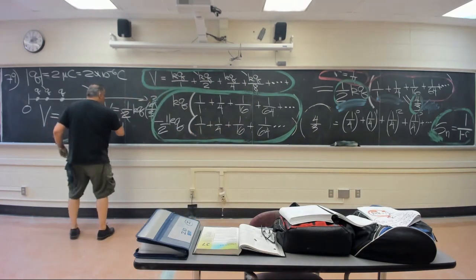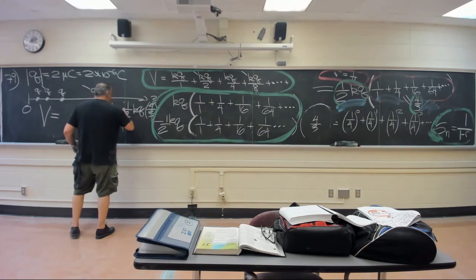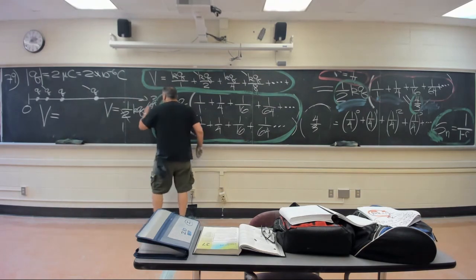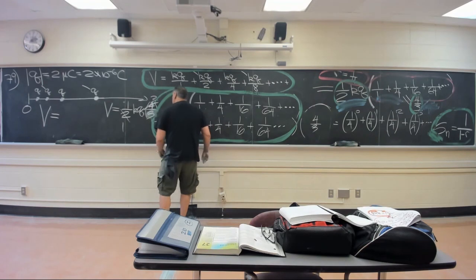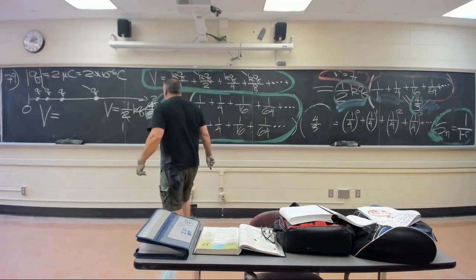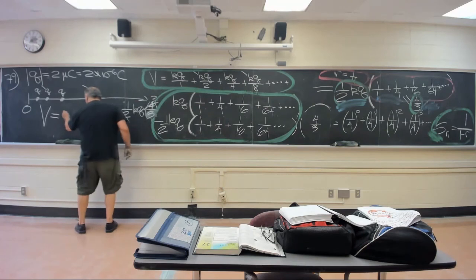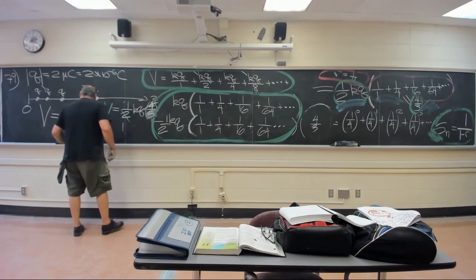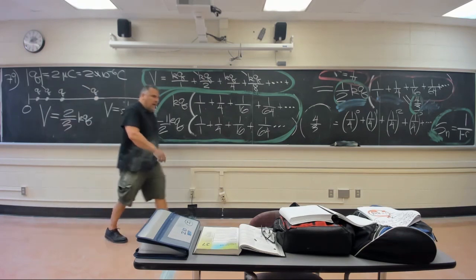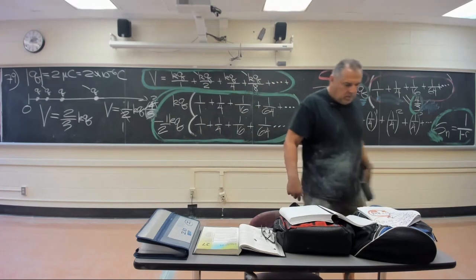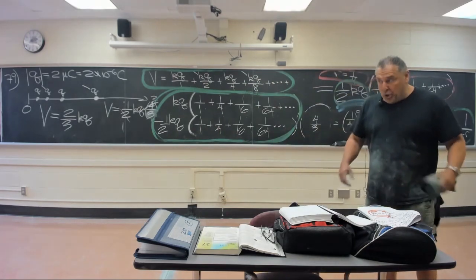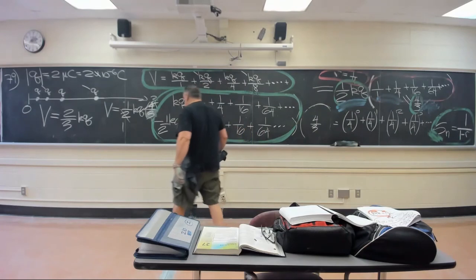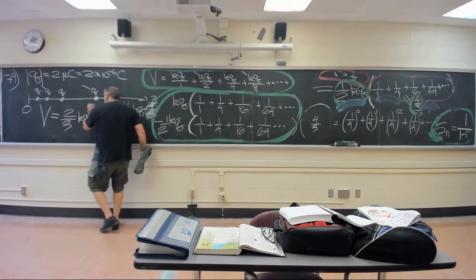One half, 4/3. Again, here it is. Here's the 4, cancels. Here's the 3. 1/2 of 4/3 is 2/3. Two-thirds KQ. Yeah, the other one is 2 KQ. This is 1/3 the size. It makes sense that it would be 1/3 the size, guys.